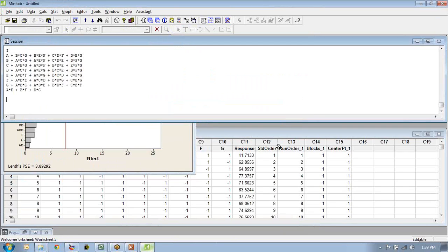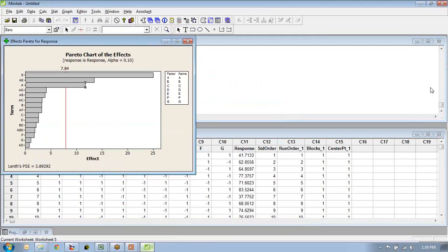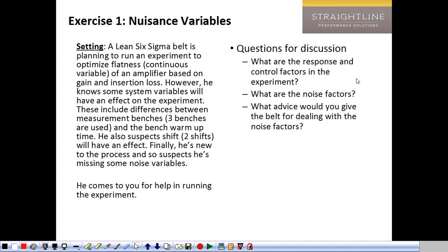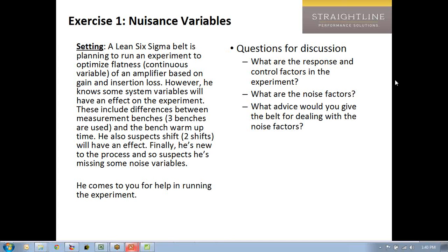These are just a couple of the exercises that you'll get in the homework. The first one is exercise 1. This is just for a discussion about how you would think about controlling noise, how you decide it. This happens to be an industrial experiment done at a shop that makes amplifiers.